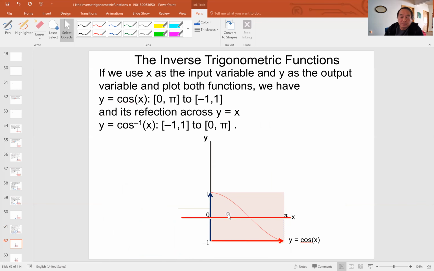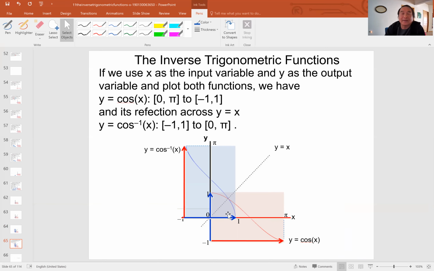And here's the graph. Remember, we can reflect across the diagonal. And here's the graph of y equals cosine inverse of x. If I graph on the same x, y axis, you have these diagonally symmetric graphs.